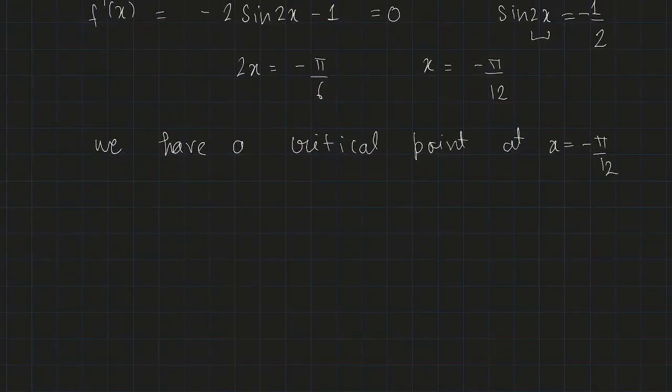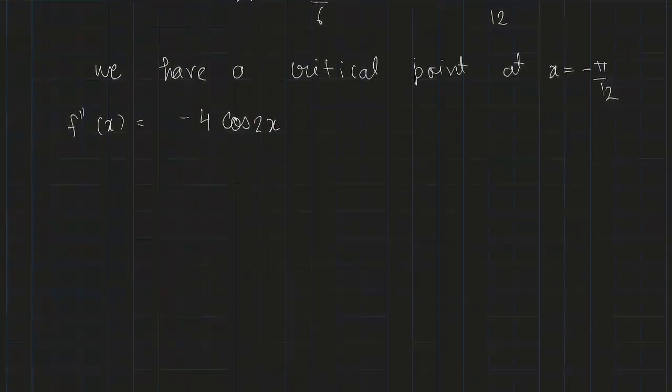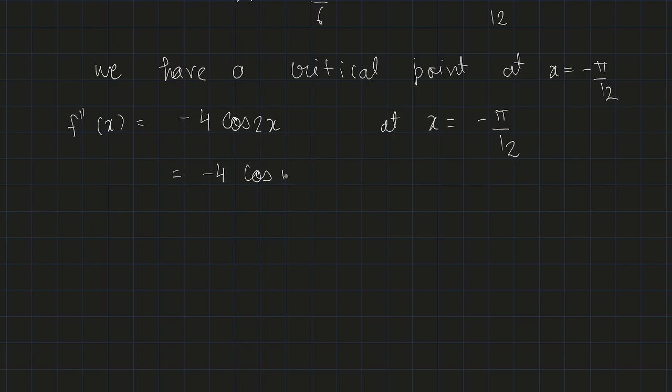Now let's try to classify this critical point. Is it a maxima or a minima? To do that, we take the second derivative. The second derivative is just minus 4 cos 2x. What is the value of that at x equals minus pi over 12? That is minus 4 cos of minus pi over 6, which is just minus 4 cos pi over 6.